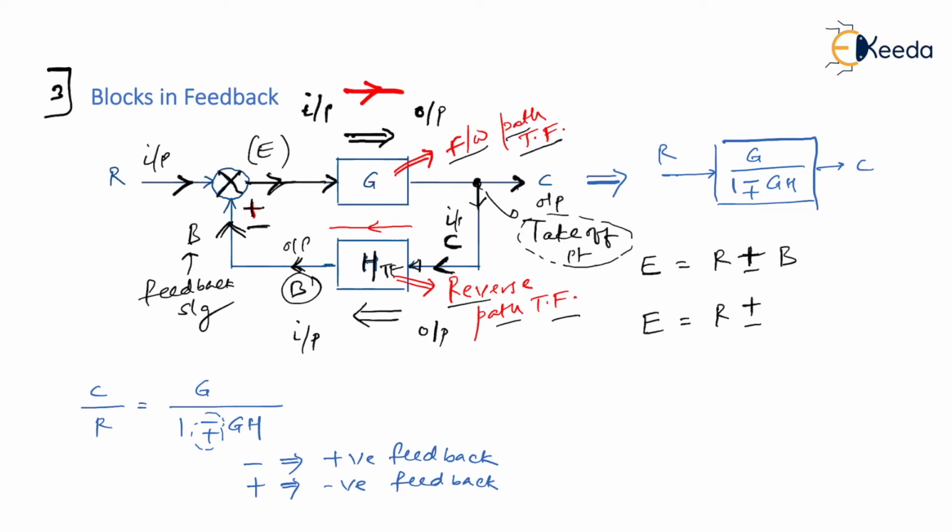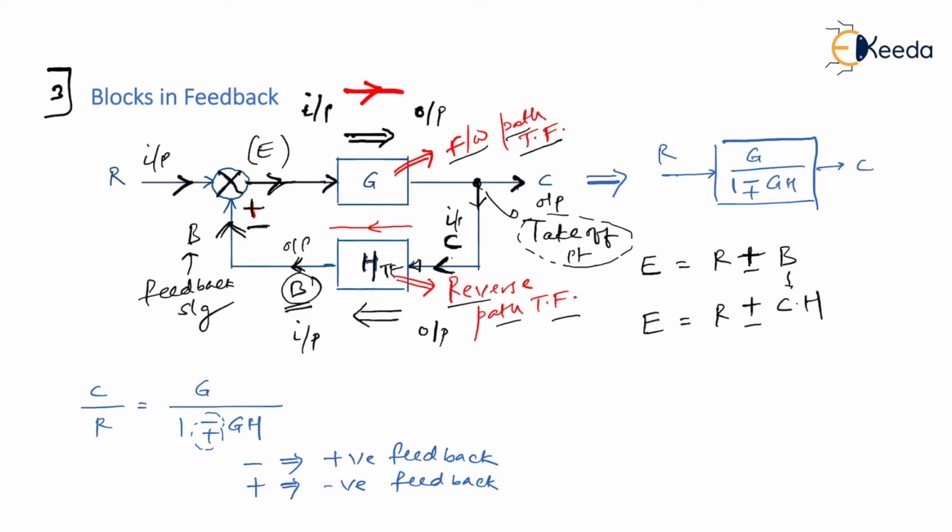You know that output is equal to input into transfer function. So can I write my B as C multiplied with H? So I can replace B with C multiplied with H. I hope you understood what I mean to say, right?